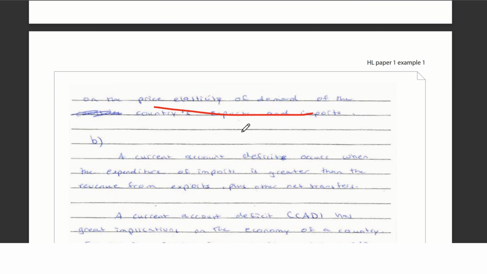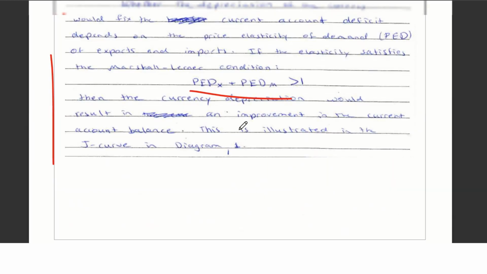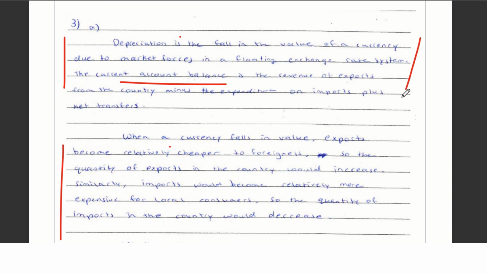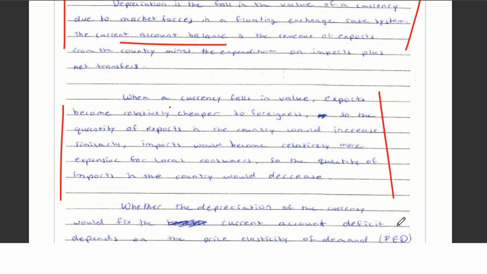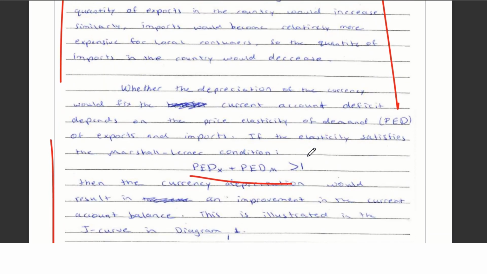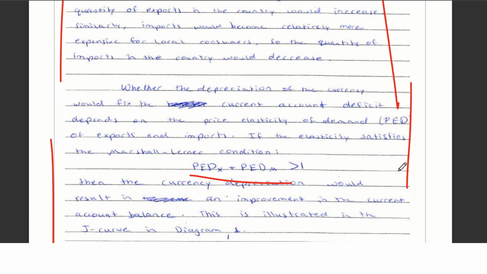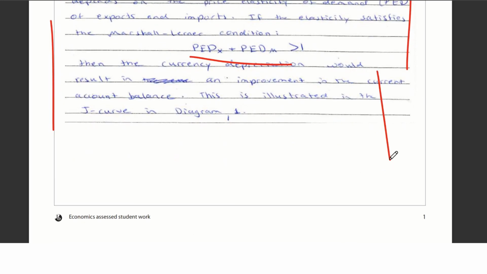So the candidate has a clear-cut idea of what he actually has to write. He understood the question completely, and he delivered the content very systematically. He defined the key terms, he applied economic theory, and he used the proper economic terms throughout the answer.